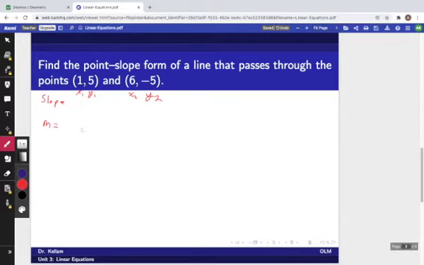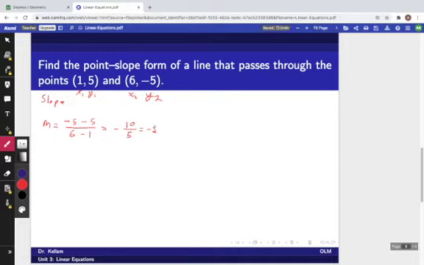So m equals negative 5 minus 5 divided by 6 minus 1, which is negative 10 over 5, which is negative 2.